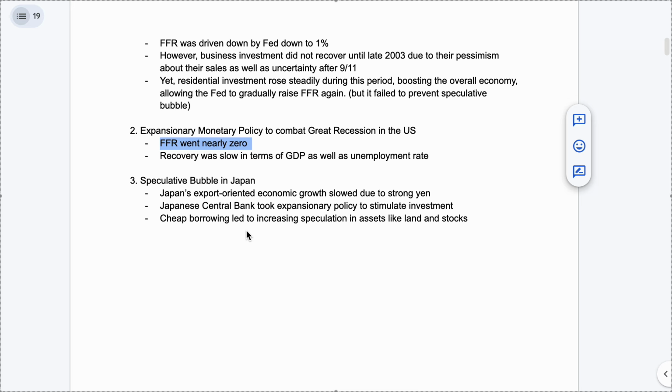It could have looked like the Great Depression that happened from 1929. We don't fully know this. We can't hypothetically create a world without the Fed taking an expansionary monetary approach to combat the Great Recession. All we know is that they did implement expansionary monetary policy, and it did lead to economic growth and recovery, although it was slow.